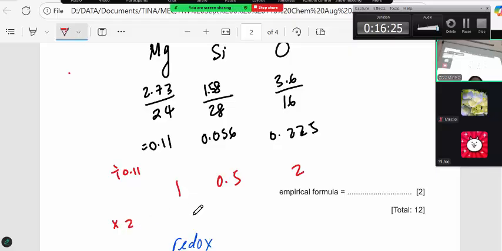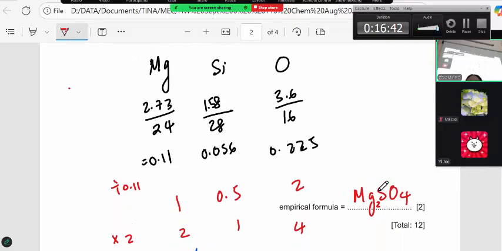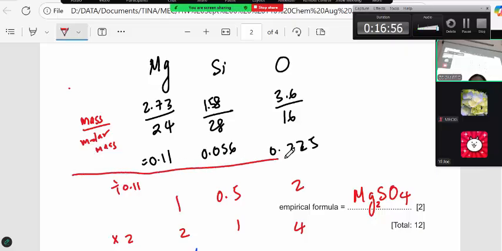Times 2. No, first you find mass over molar mass. Then now the ratio: you divide by the smallest number. So all three you divide by 0.11.